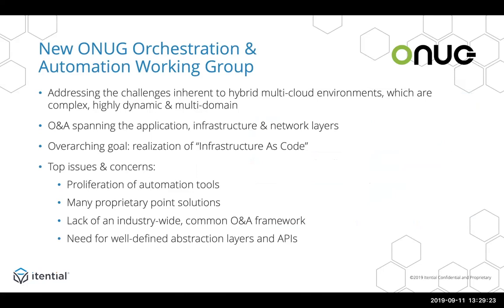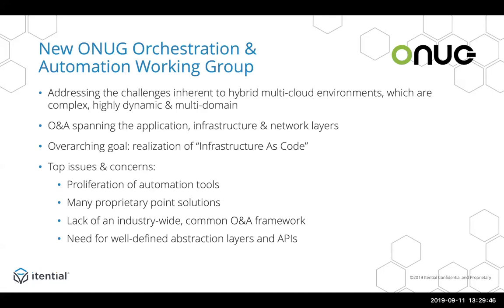So this working group is specifically looking at the challenges of applying orchestration and automation techniques to streamline workflows in these hybrid multi-cloud environments, basically trying to get the machines to do the work. And it's focused on a lot of things that Chris is talking about here today, right?